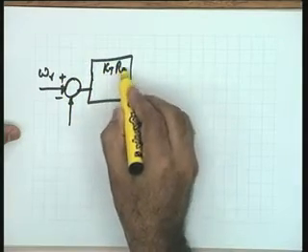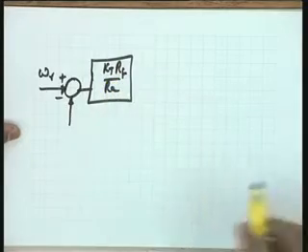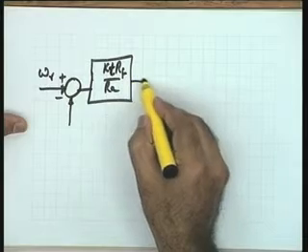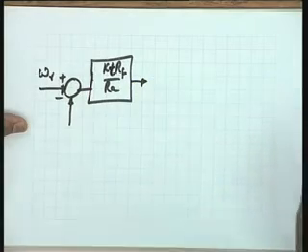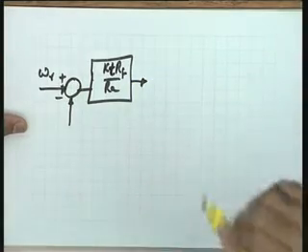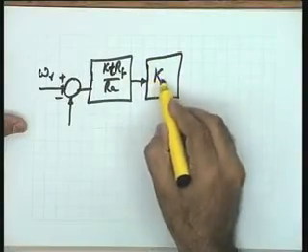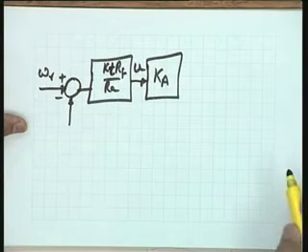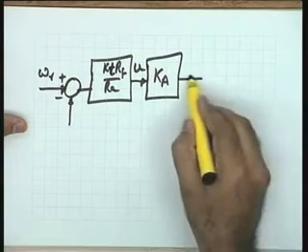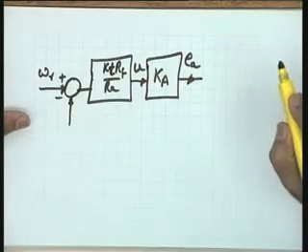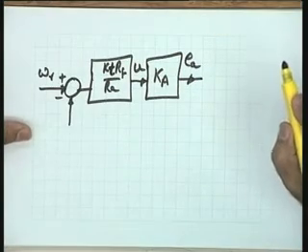Kt Rf by Ra is the gain here, Kt small t, the tachometer constant. This voltage is available from the amplifier. This is not Ea, this is going to the power amplifier, this is the U signal. I am sorry, at this point, this is the U signal. The power amplifier output is Ea, the voltage which is going to the armature controlled motor.